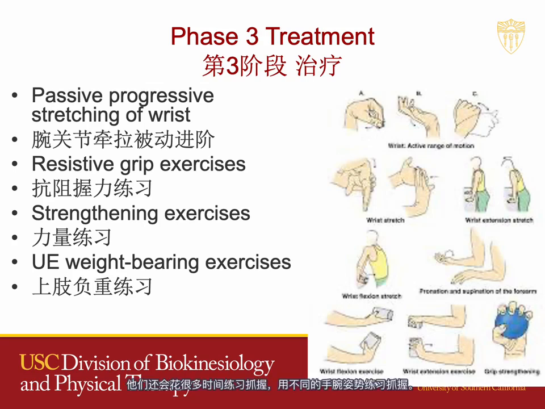You're also going to be spending a lot of time working on grip, and doing grip with different wrist positions. When we talk about women especially, we like to have our wrists in funky positions. It's not common for us to have a really great neutral wrist when we're lifting or gripping.